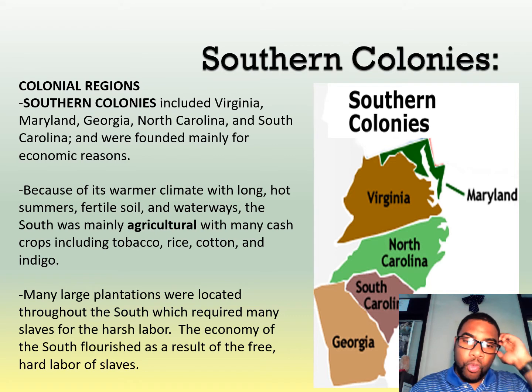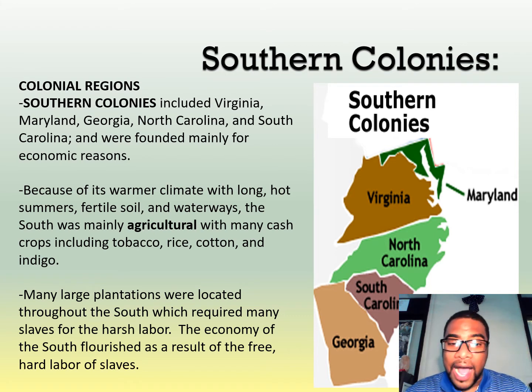Because of its warmer climates with long, hot summers, fertile soil, and waterways, the South was mainly agricultural with many cash crops, including tobacco, rice, cotton, and indigo. Many large plantations were located throughout the South, which required many slaves for the harsh labor. The economy of the South flourished as a result of the free, hard labor of slaves.